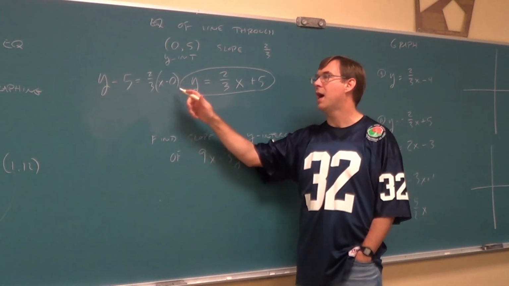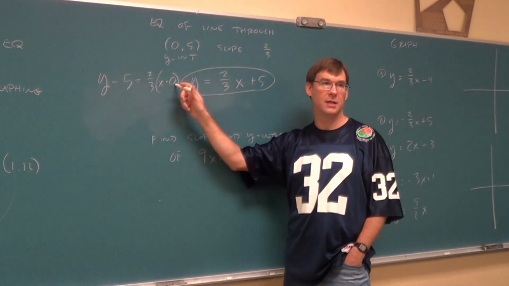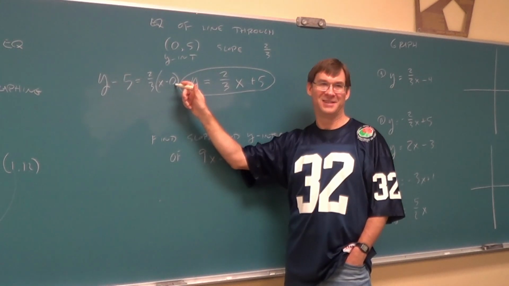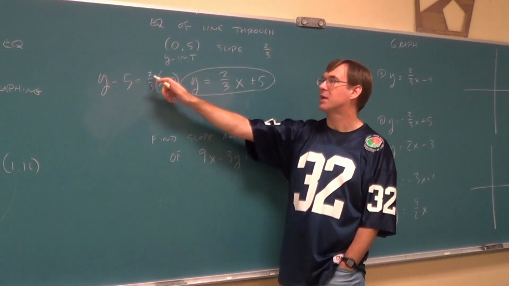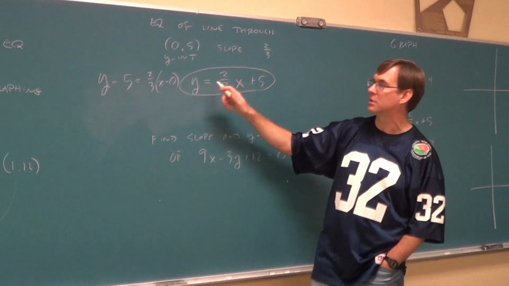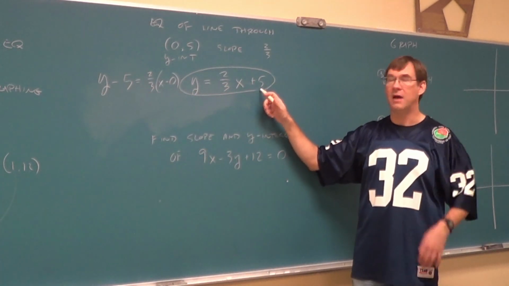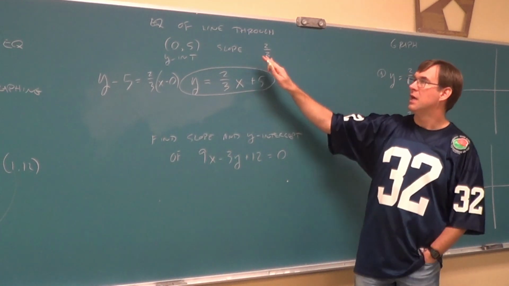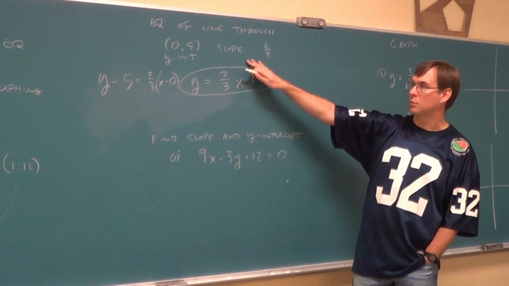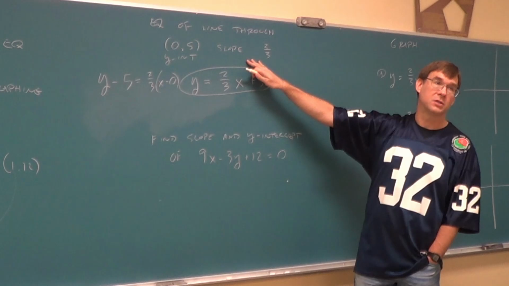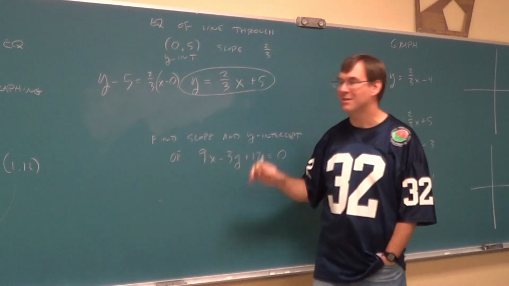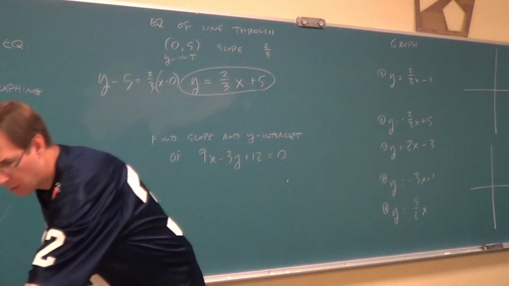And then if you clean that up, x minus 0 is kind of silly. x minus 0 is just x. So 2/3 x is established. And then to move the 5, add 5. We get there. If you have a slope and an intercept, that's the quickest way to go. Question there? I don't think there's any homework questions like that one.